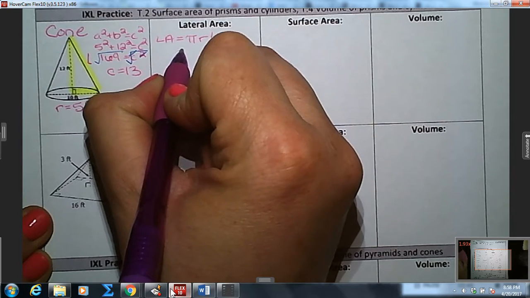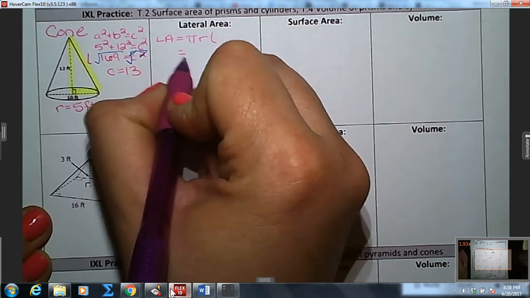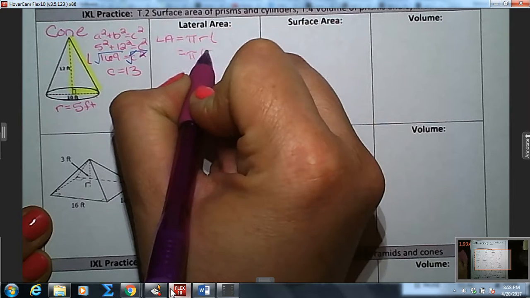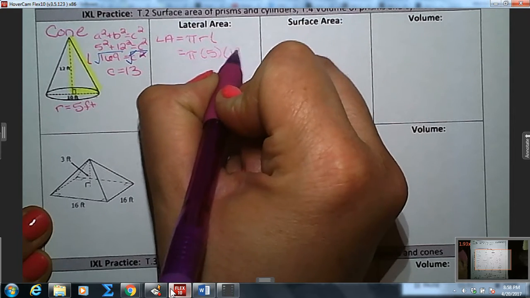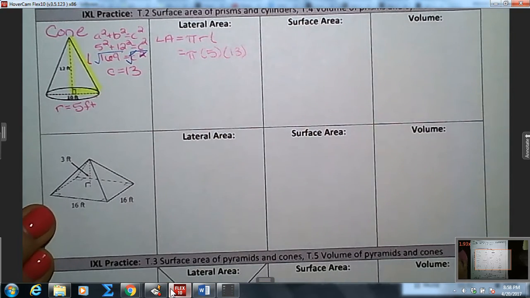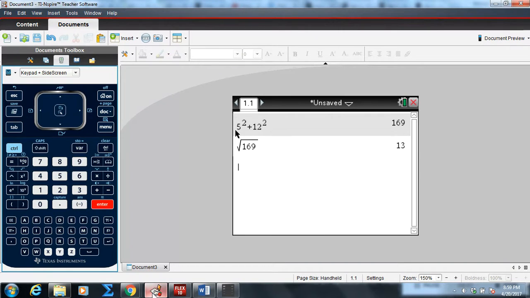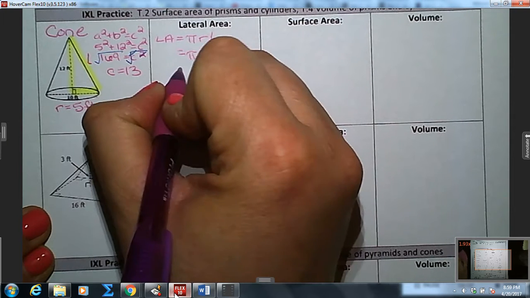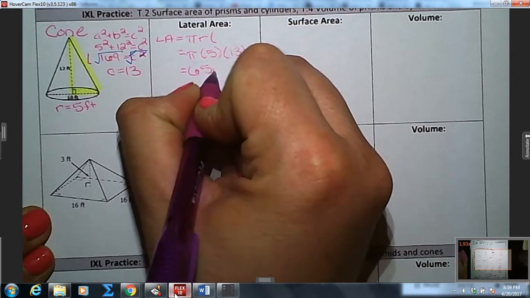Now I'm ready to fill in the lateral area formula. Pi times a radius of 5 times a slant height of 13. Okay, anytime I'm dealing with pi, I need to find an exact answer and a rounded answer. 5 times 13 is 65, so my exact answer is 65 pi.